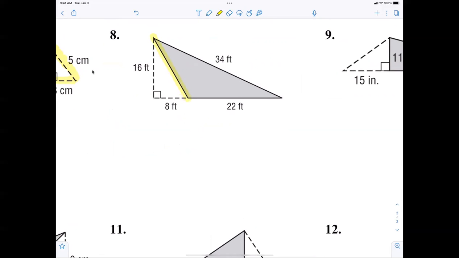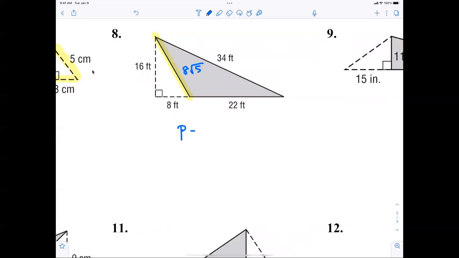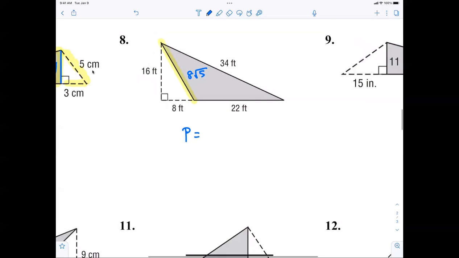We already did this once, correct? Is everybody okay with that being 8 radical 5 again? So now, of course, everybody can tell me the perimeter is 56 plus 8 radical 5.